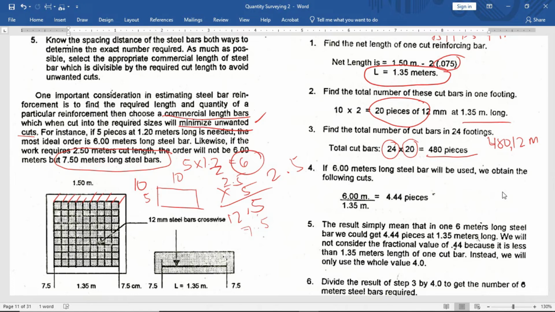So, if 6 meters long steel bar will be used, we obtain the following cuts. Kapag gagamit tayo ng 6 meters na bar, 6 meters divided by 1.35 is equal to 4.44 pieces.